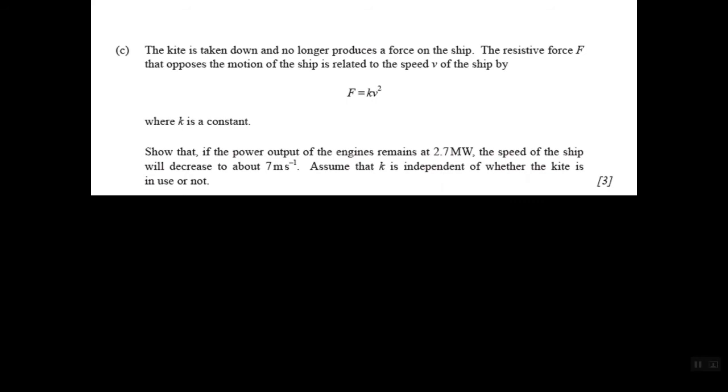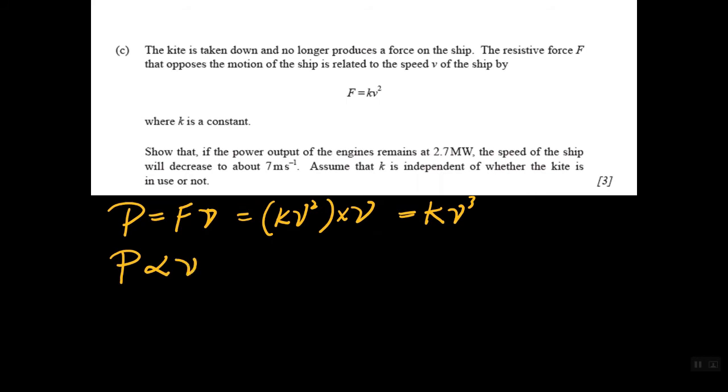Assume that k is independent of whether the kite is in use or not. So power equals force times velocity, and force equals k v squared, times v, that gives us k v cubed.